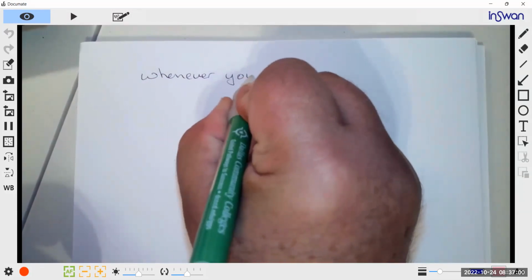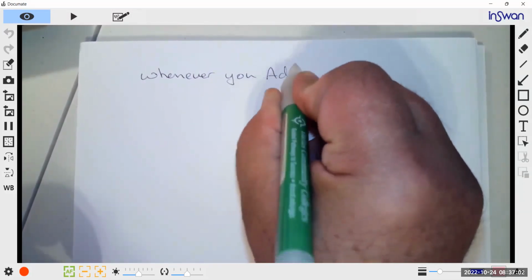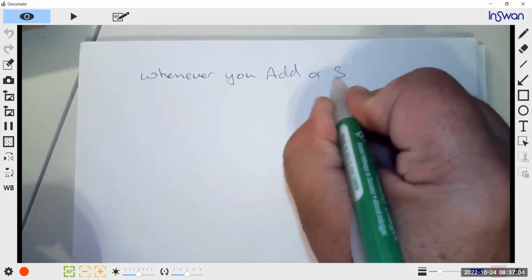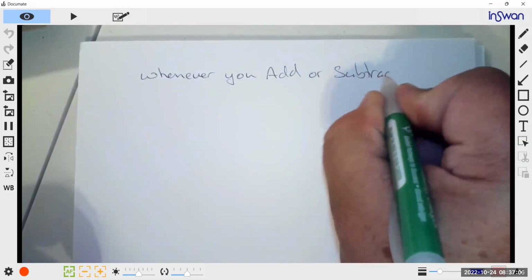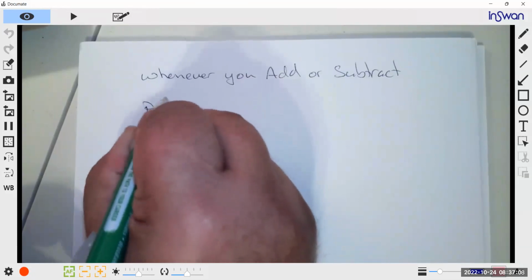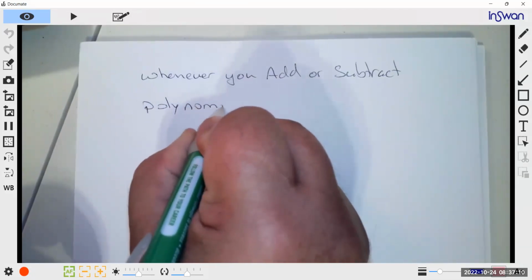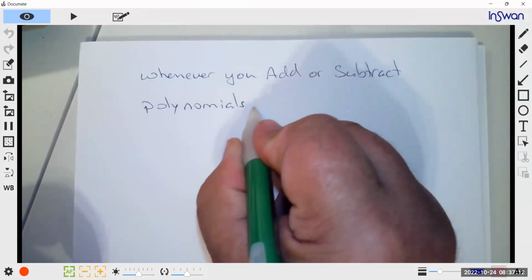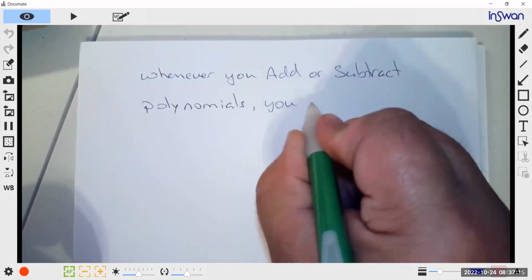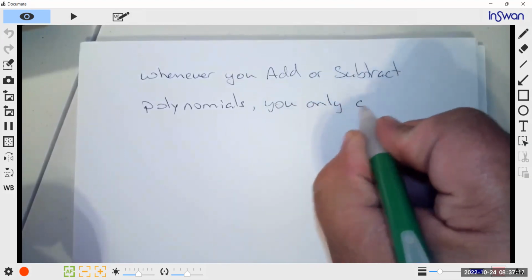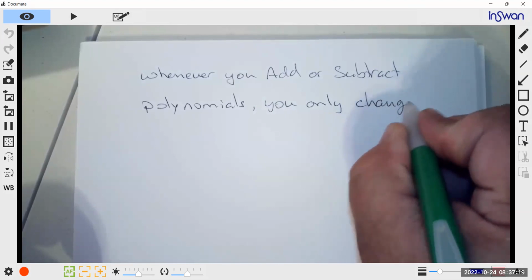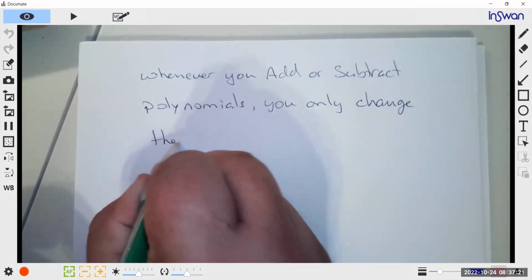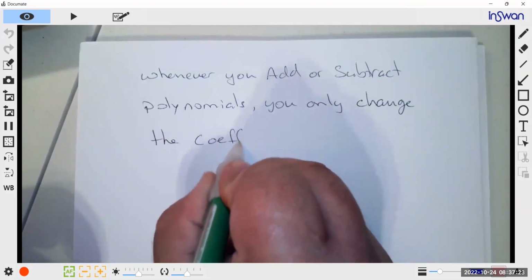Whenever you add or subtract polynomials, you only change the coefficients.